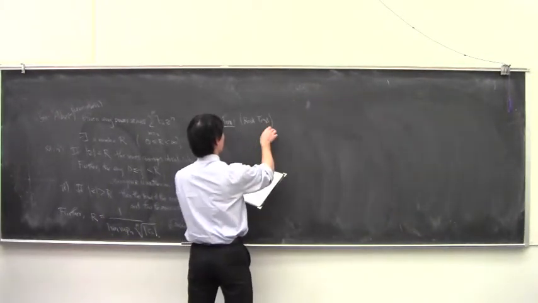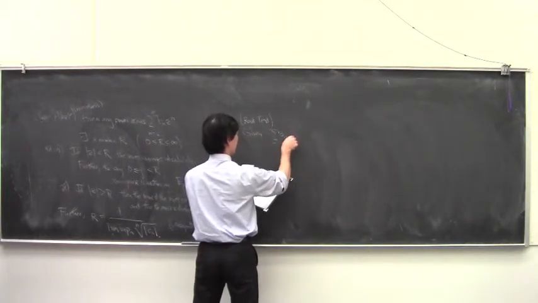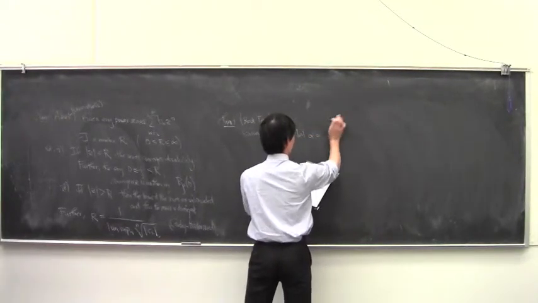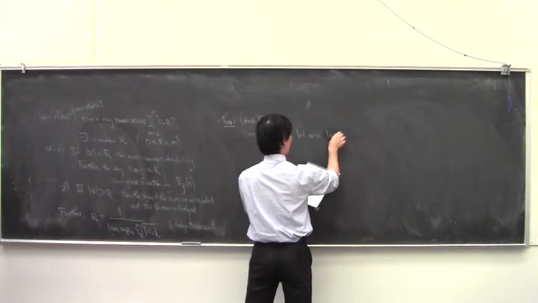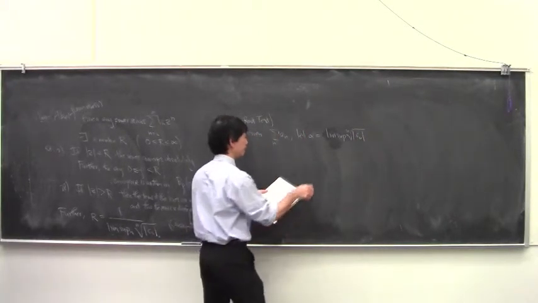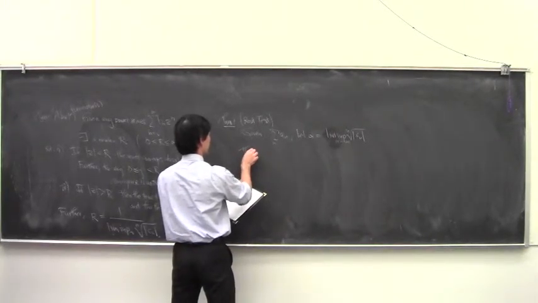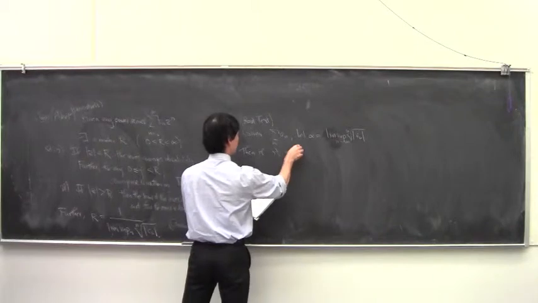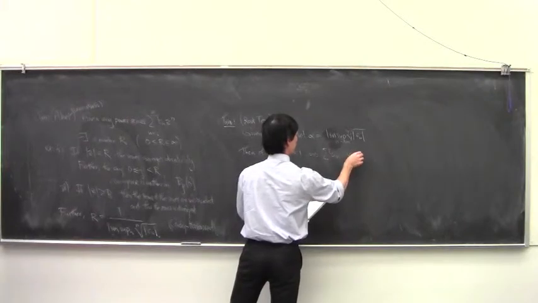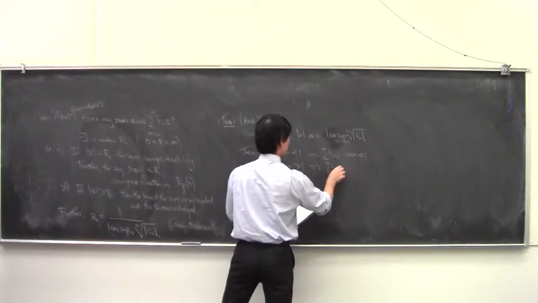So given a series, let alpha be the lim sup of the nth root of the modulus of the nth term. Then, if alpha is less than 1, the series converges, and if alpha is greater than 1, then the series diverges.